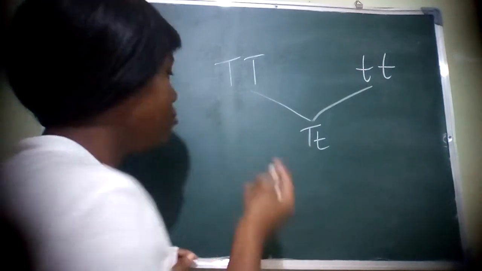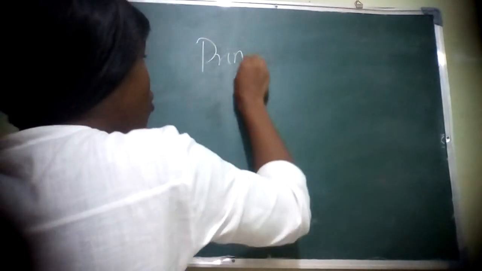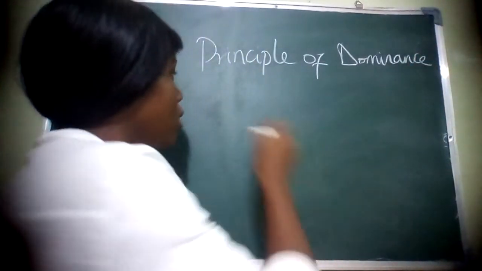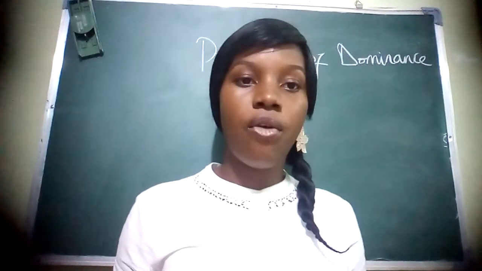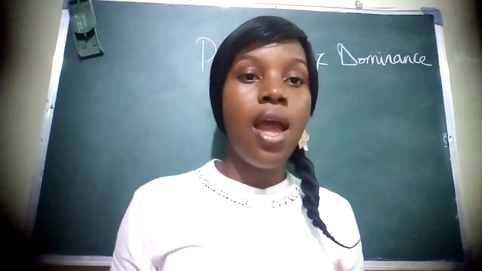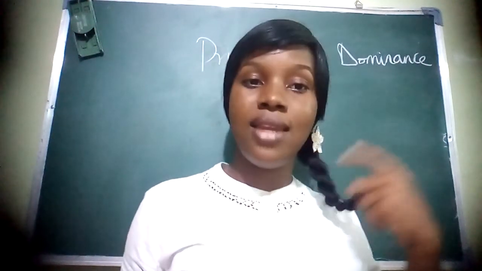So that made him propose the principle or law of dominance, which states that in a cross of purebred parents with contrasting characters, only one form of the trait is expressed or appears in the next generation.